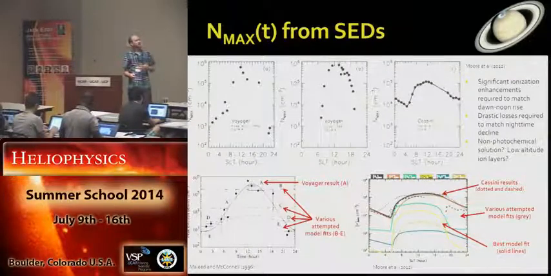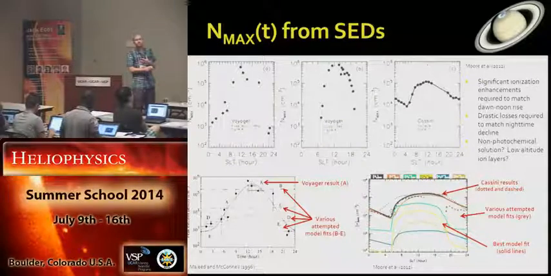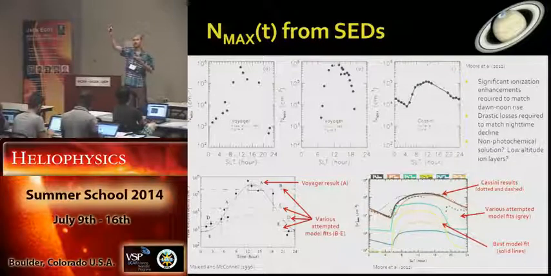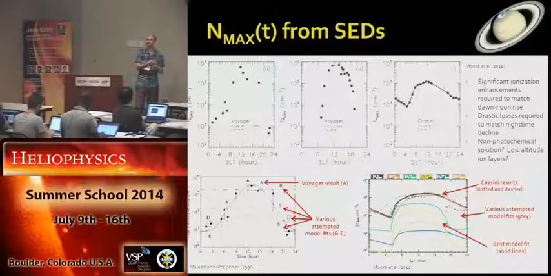So the explanation may be some sort of drastic new ionization source or some significant transport processes, such as a diurnal exchange of protons that flow into the magnetosphere or the plasmasphere during the day and then come back during the night, during the dawn.